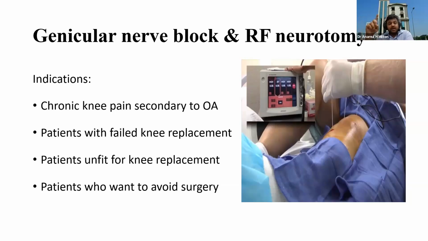But if you are in grade 4 and there is bony deformity and bony angle changes, it is better to plan for surgery by the orthopedician, because this replacement gives more than 10 to 15 years of pain-free life.